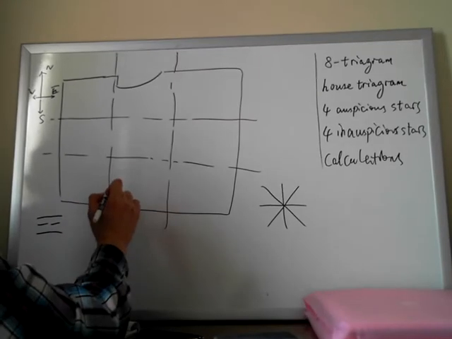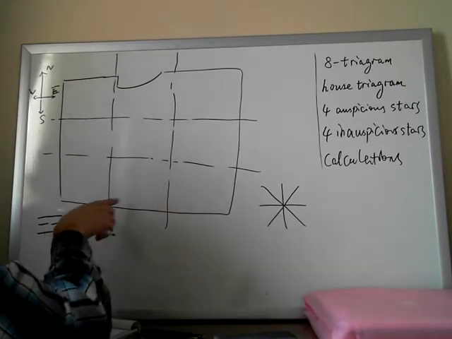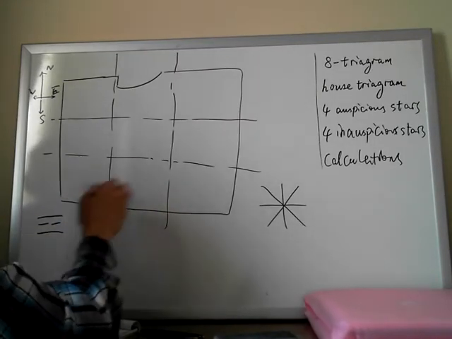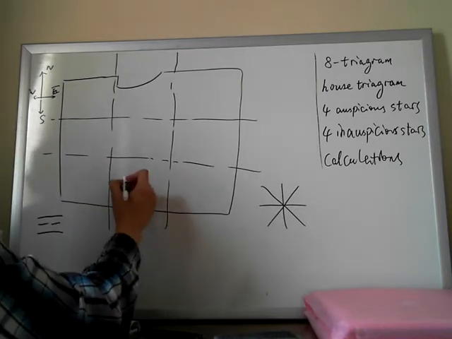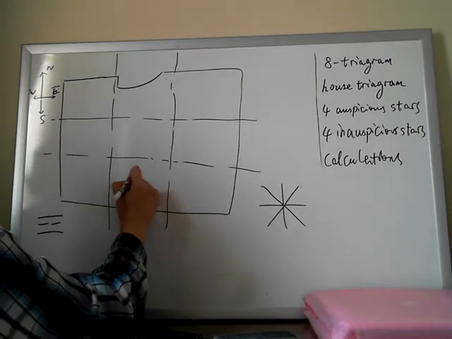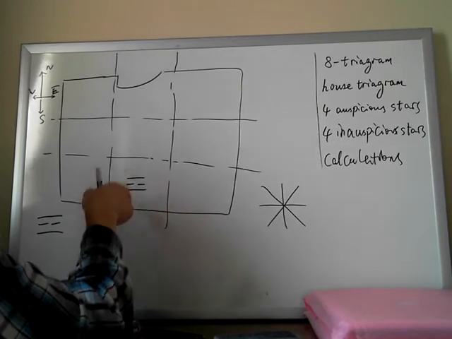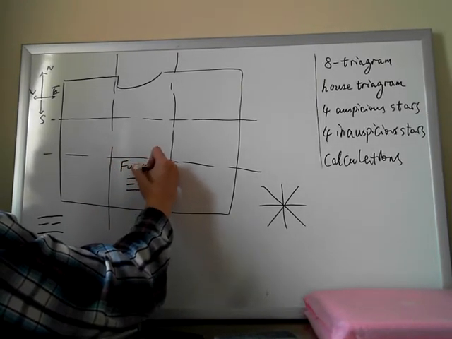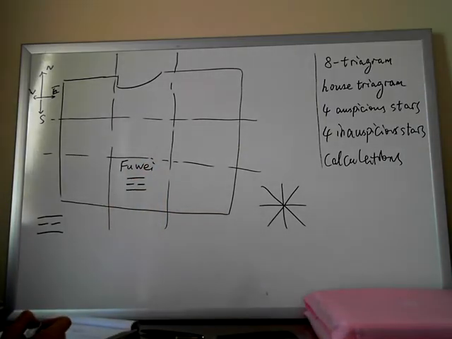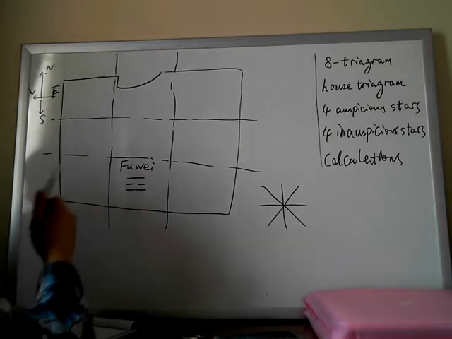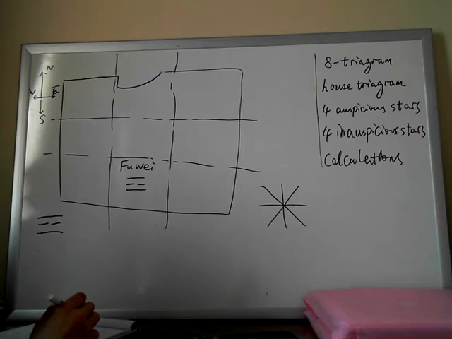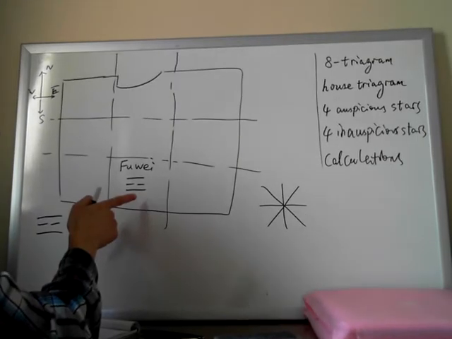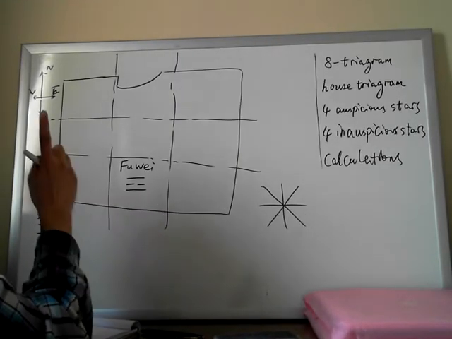Obviously the direction associated with the house trigram is south. So south is here, and this would be Fu Wei. So that's where the Fu Wei star is located. You first determine Fu Wei, and it's always at the back of your house, once you determine the orientation of the house.